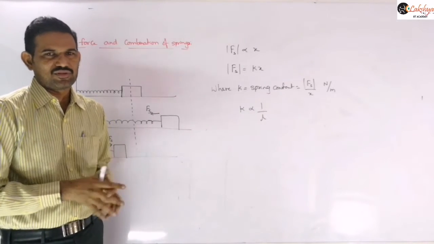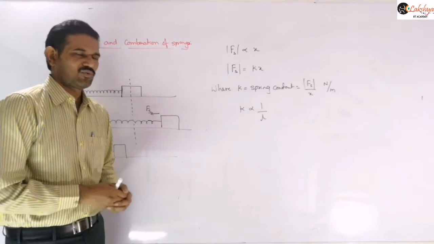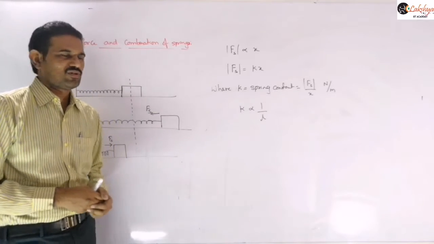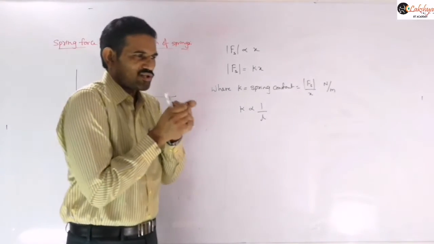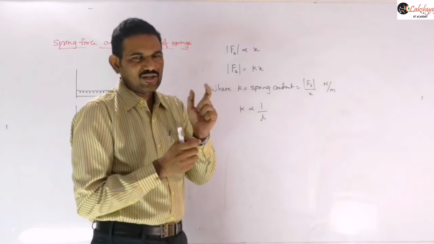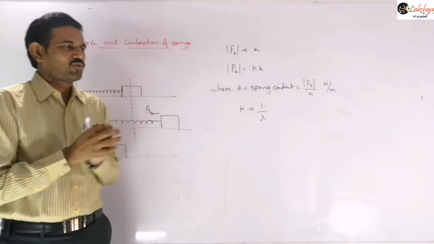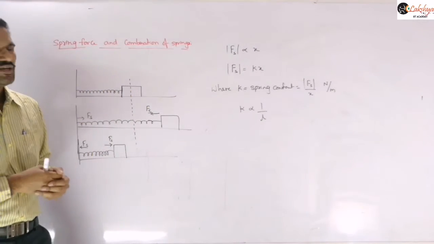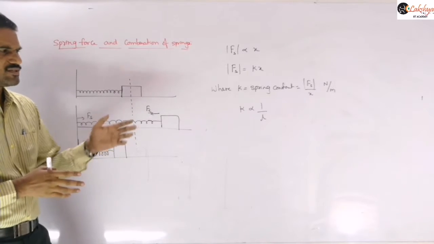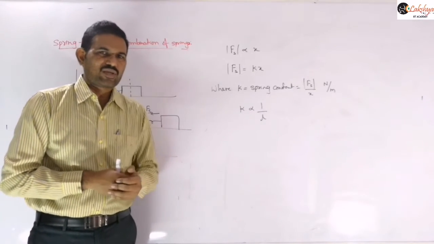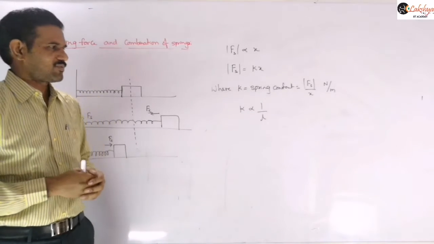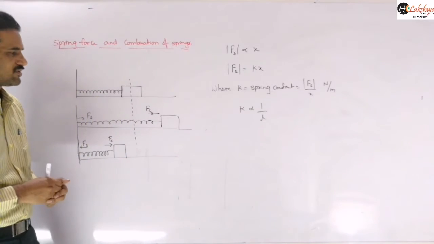So just mention that it is inversely proportional to the length of the spring. If you take a shorter and shorter length, then it is difficult to produce any change, so its stiffness will increase. We will derive an expression for the spring constant also in the topic of elasticity. How it is inversely proportional, we will get clarity about that, right?